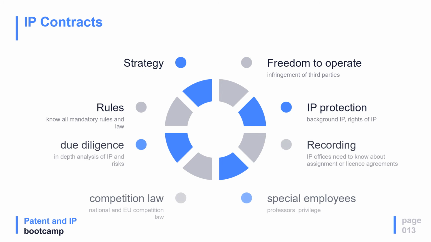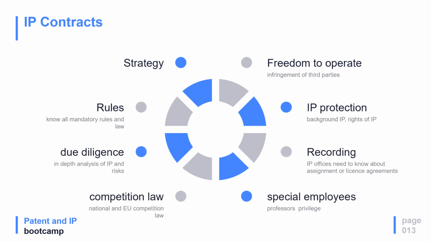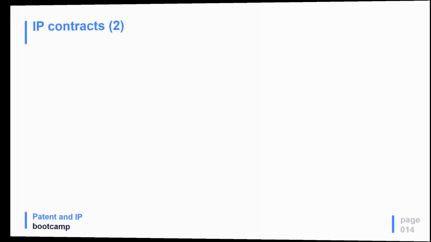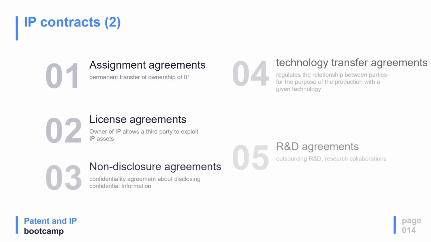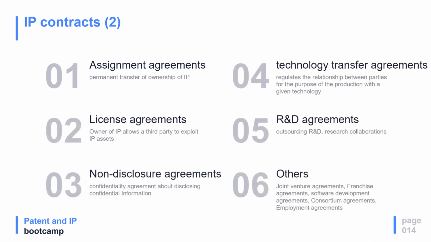Now in detail we want to talk about IP contracts, what clauses should be included here, or when to have IP in mind. Here I just mentioned some aspects of when to have IP clauses in mind and when IP contracts should be done or can be done. So what kinds of IP contracts are there?